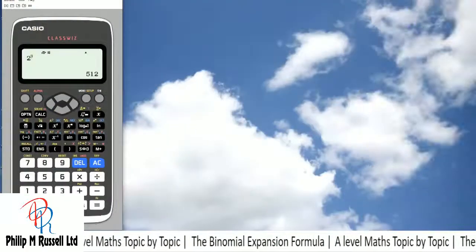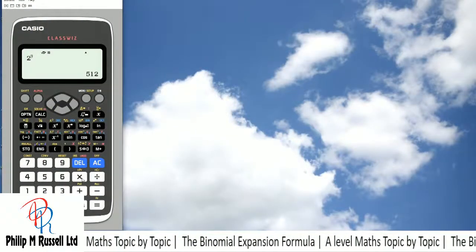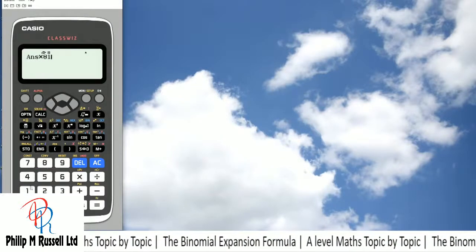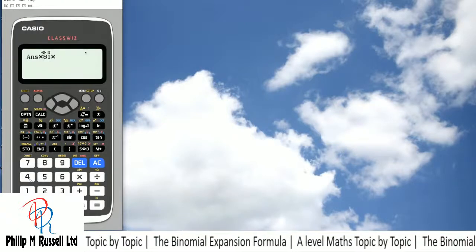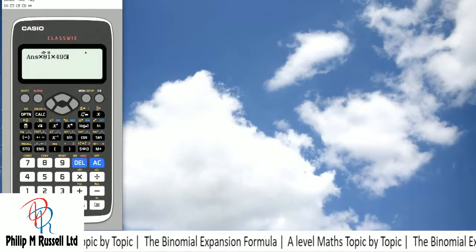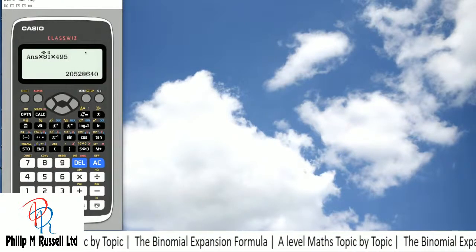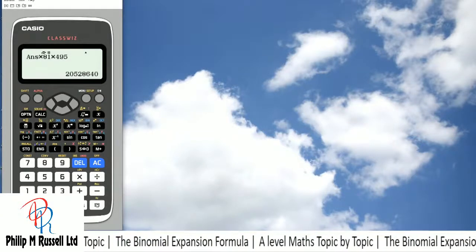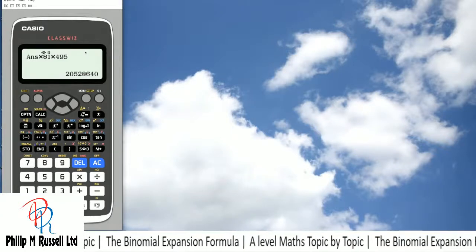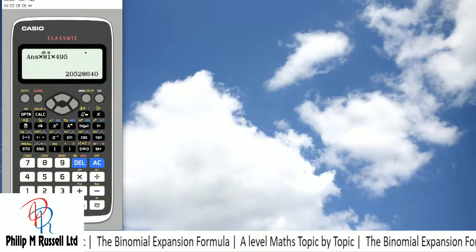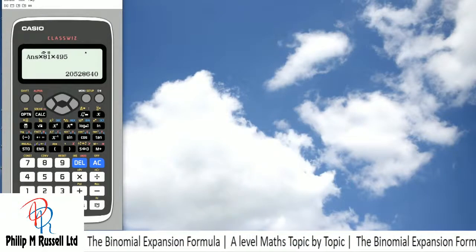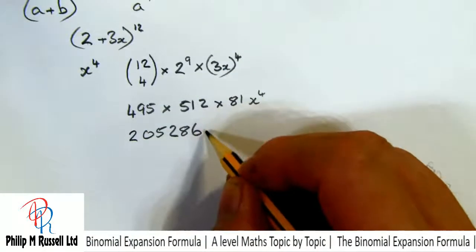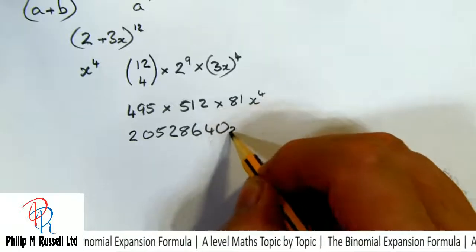So I've got my 512, I'm not going to bother to change that, times by 81 times by 495 gives me that massive number. $205,286, 40 x to the 4.